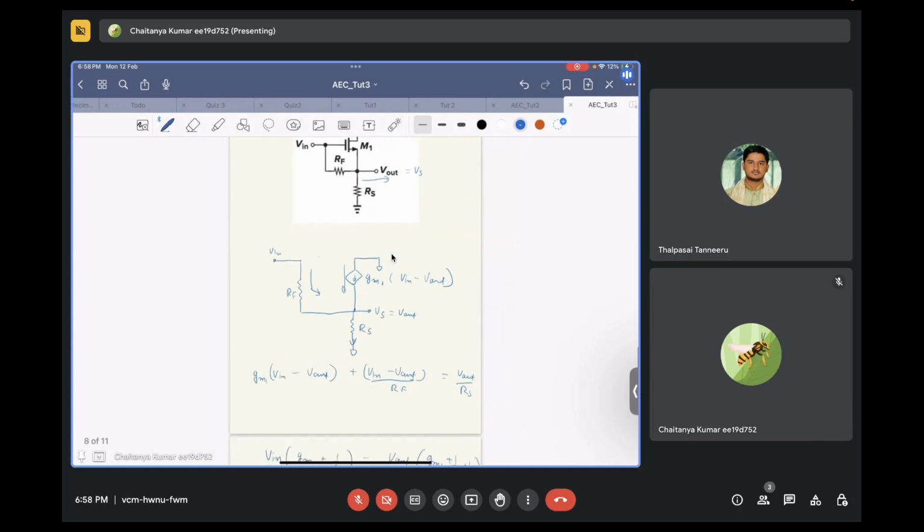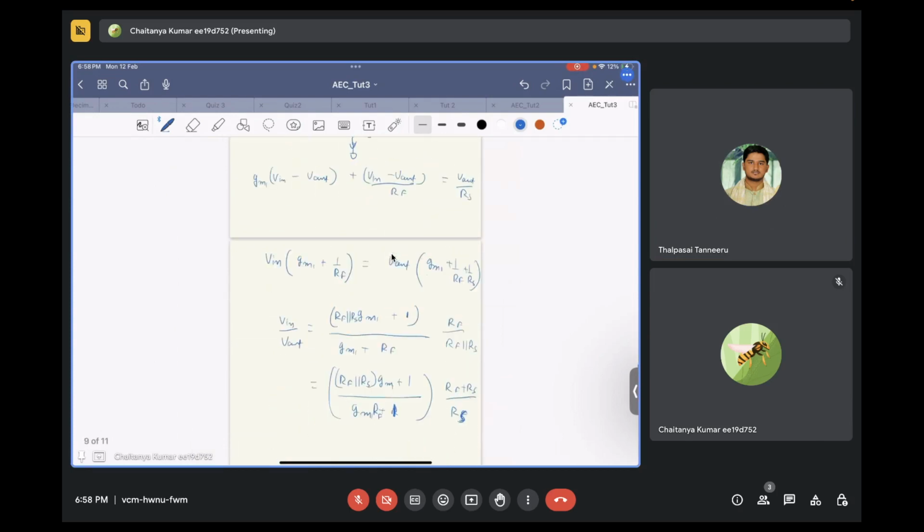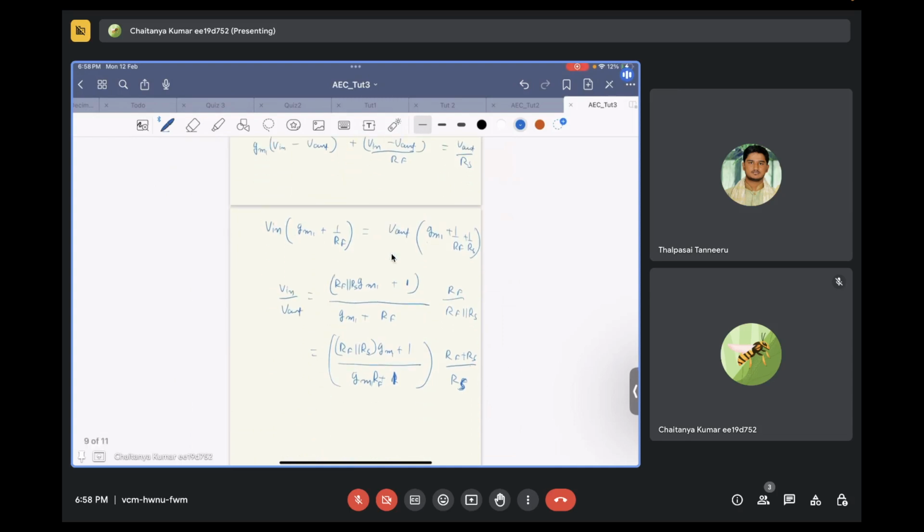Are you sure this is the correct equation? Let's say your RF is equal to infinite. What will happen?